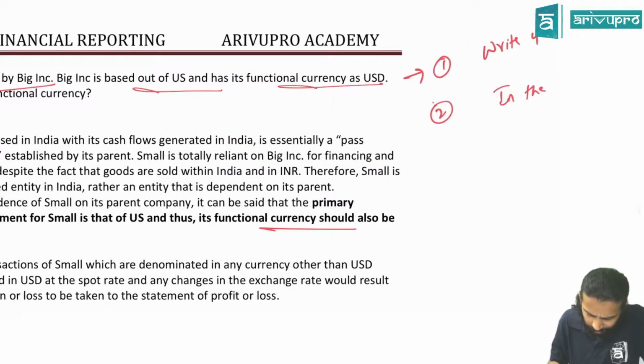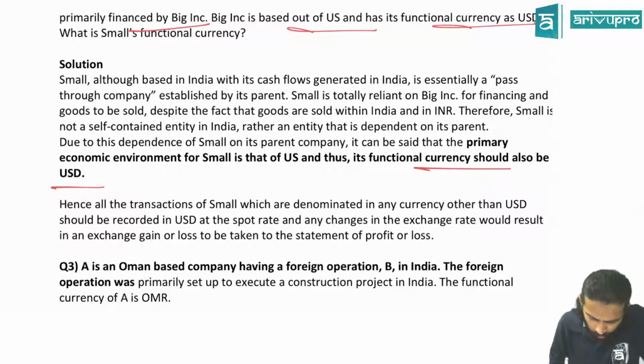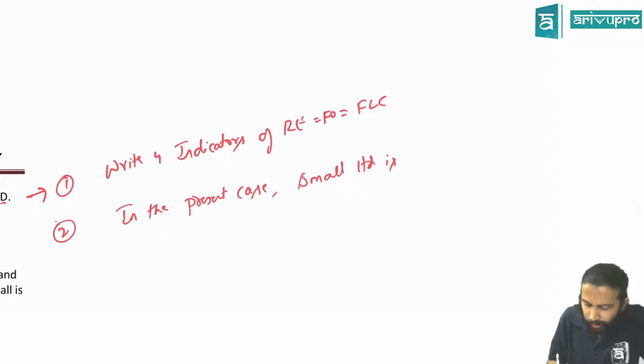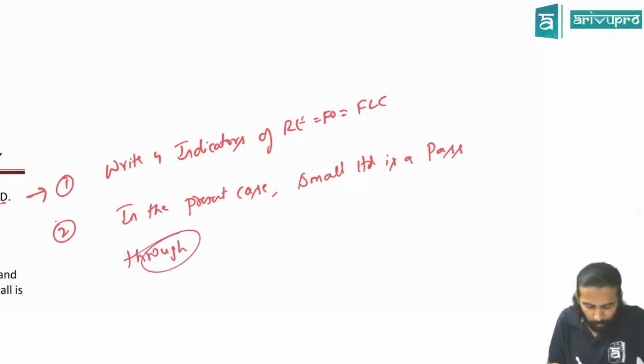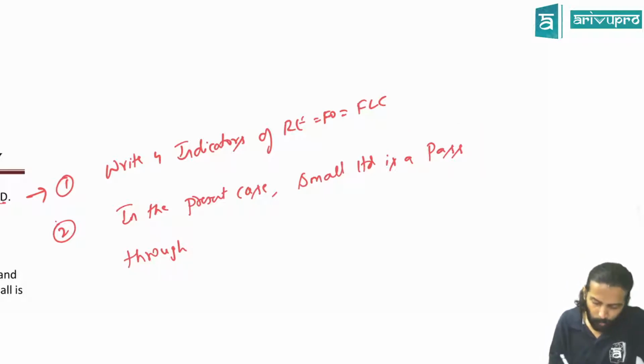Small India Private Limited. Small Limited is a pass-through company, we say. Meaning goods have to pass from Big to the customer. So for that we have formed one company.